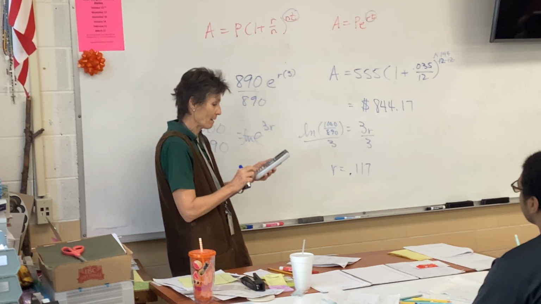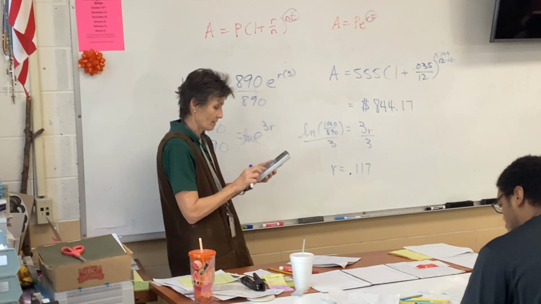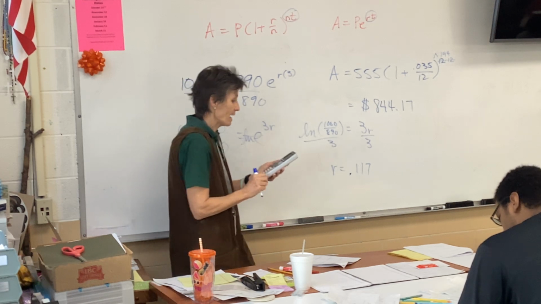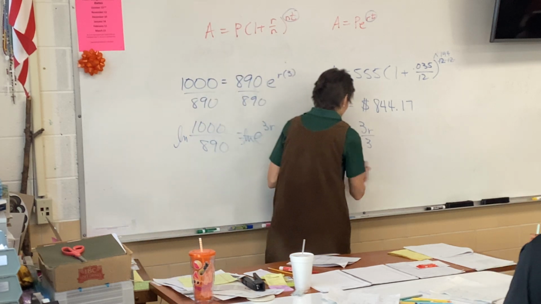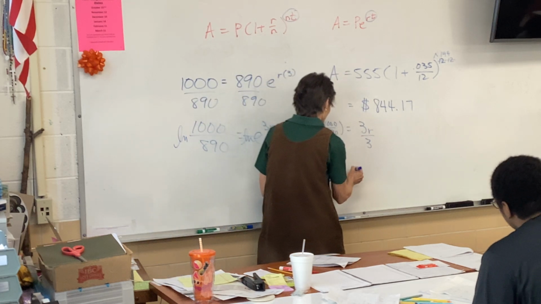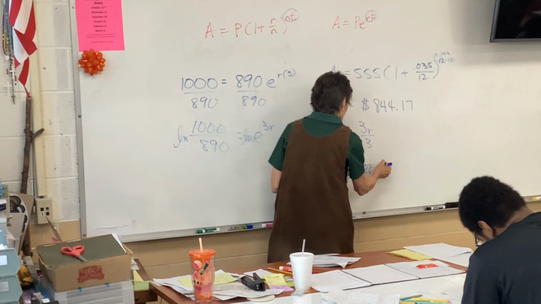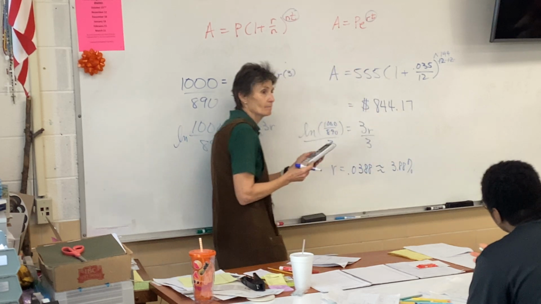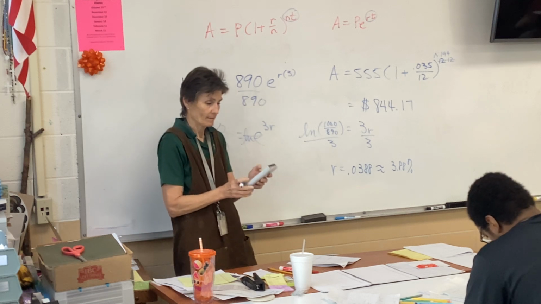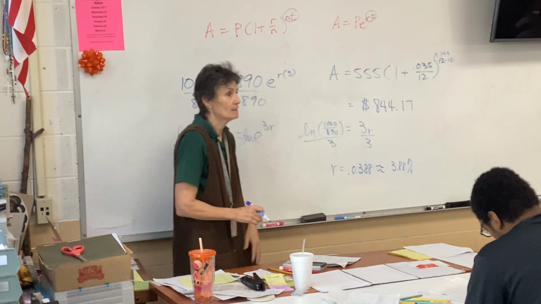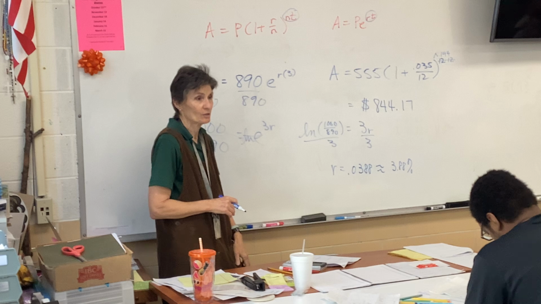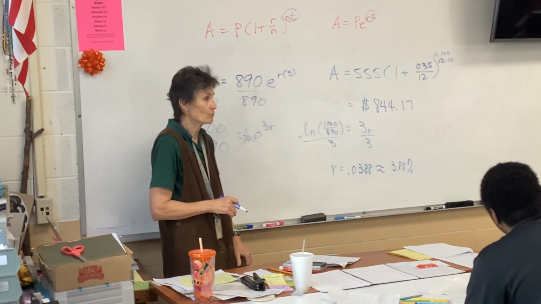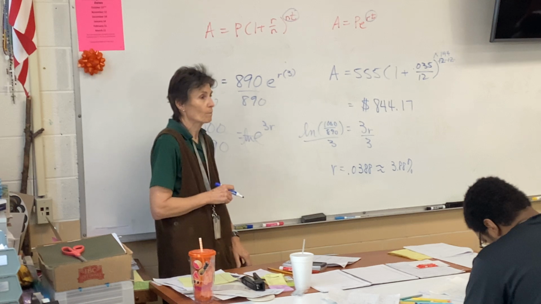I was blabbing and didn't do that right. So let's see, a little high. Yeah, 0.039. I'll say 0.0388, and then that is 3.88%. And again, I'm just rounding randomly. So make sure you got that decimal. Did you get that decimal? Then you're good. What interest rate? Almost 4%.